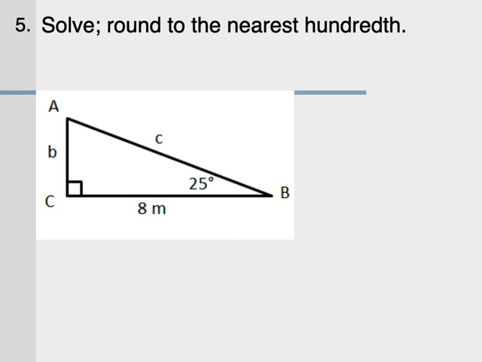Question 5. Find your starting angle and label your sides. Take a look at the screen to see if you labeled your H, O, and A properly.